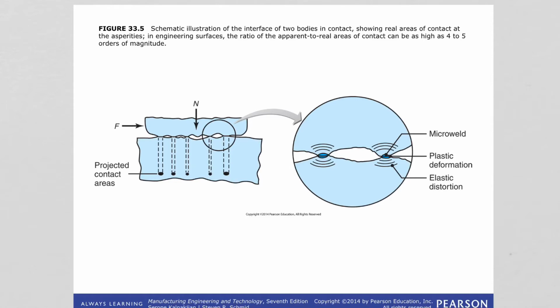In such a situation, the contact load, N, is supported by asperities, very small projections from the two surfaces in contact with each other.